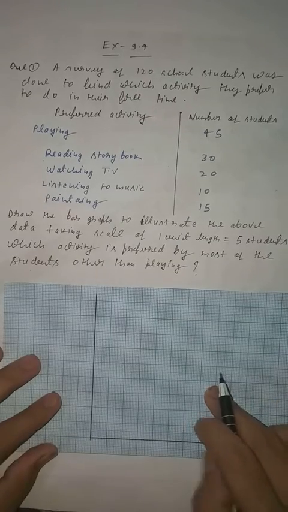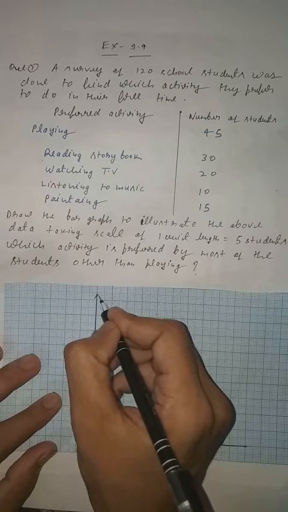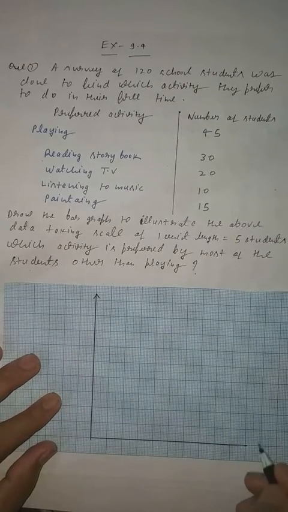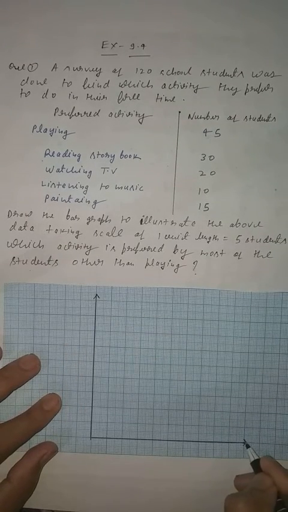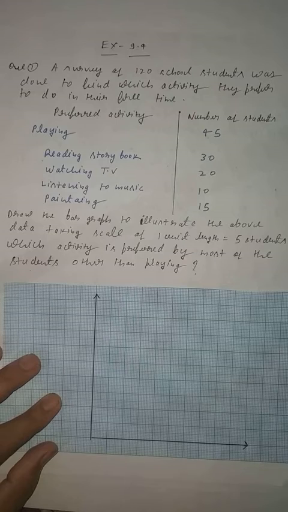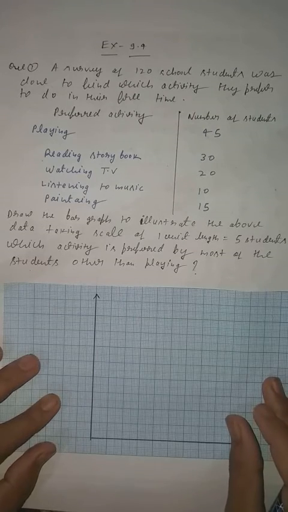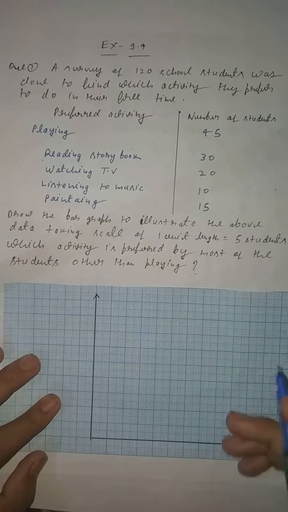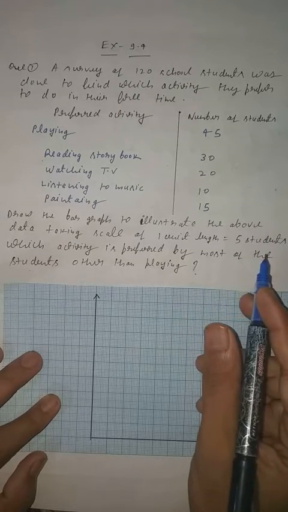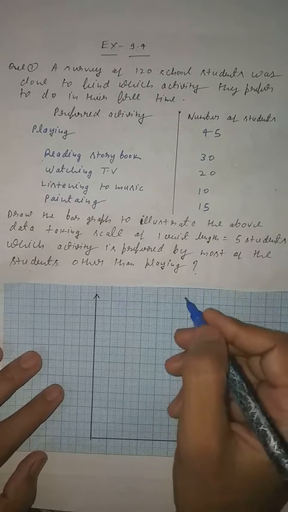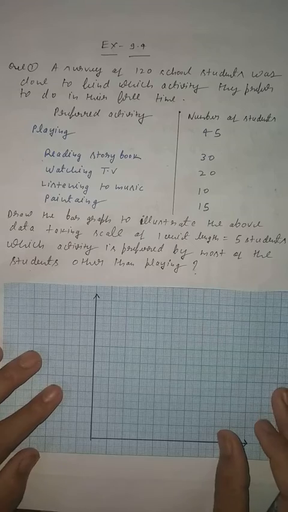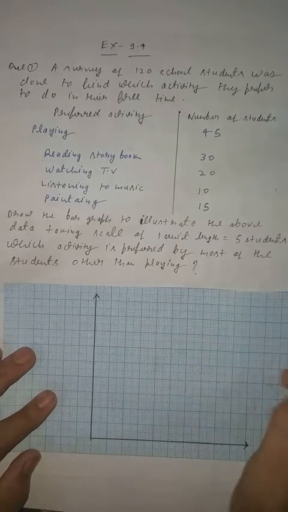Clear students? As you know, this is your x-axis and this is your y-axis. Some information is given, we have to focus on that information: 1 unit length equal to 5 students. Clear student? So here you will write down 1 unit length equal to 5 students. Anywhere you can write it down.